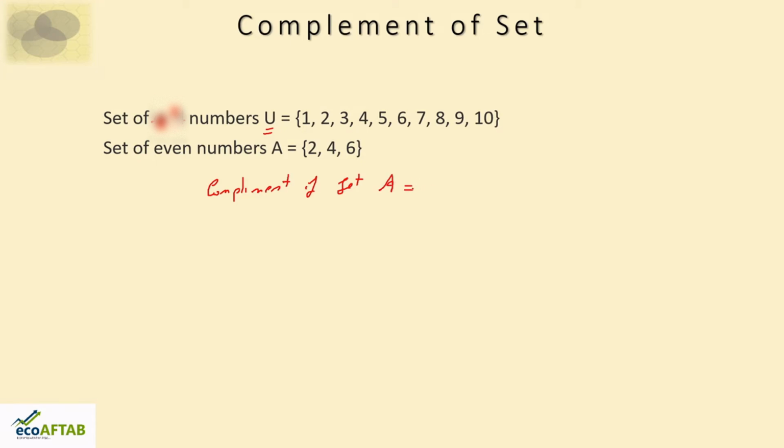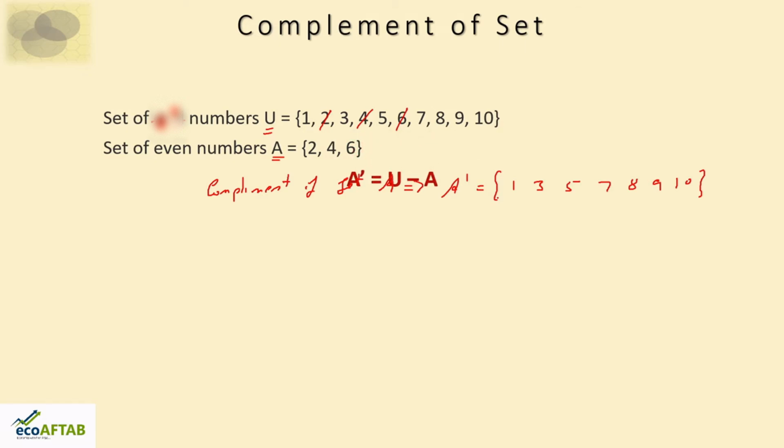The complement of set A is all the elements of the universal set which are not in set A. So 2 is there, 4 is there, 6 is there. What things are not there? We don't have 1, 3, 5, 7, 8, 9. So this becomes the complement of A.